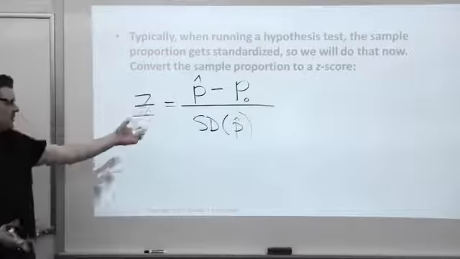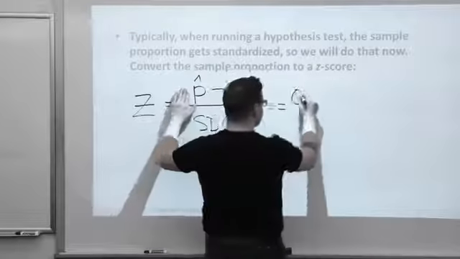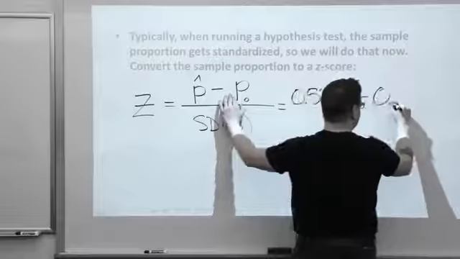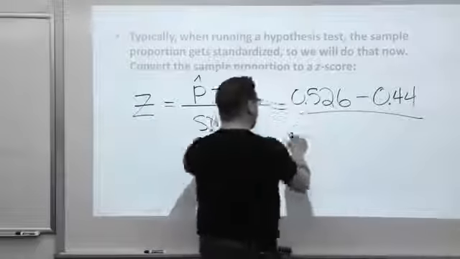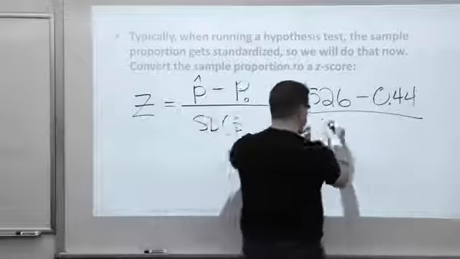So that's in symbols if you want them first. So we'll take the 0.526, subtract off the hypothesized value, 0.44, and divide by that standard deviation estimate, 0.036.